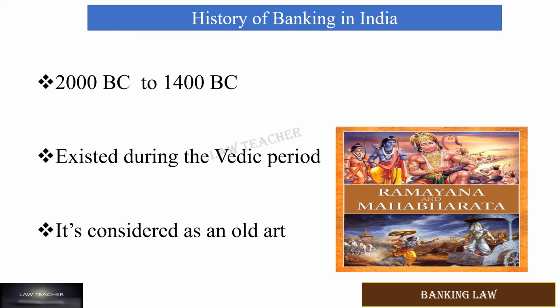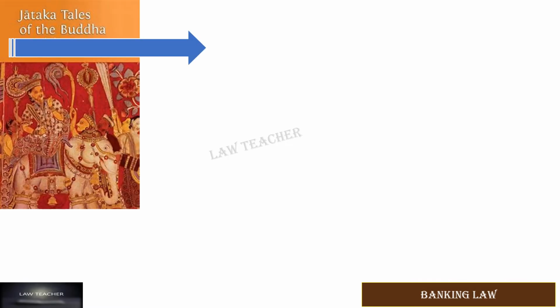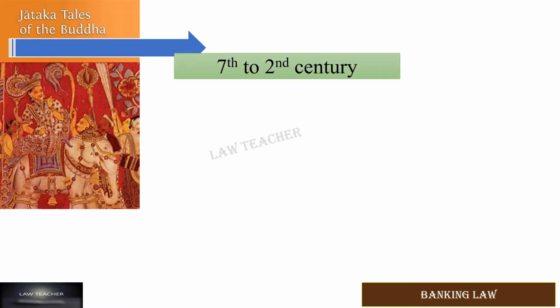Details of money lending in the Sutra period, that is from the 7th to 2nd century BC, are available in the Buddhist writings called the Jatakas. The Jatakas mention the existence of money lenders called Seths, who performed the functions of a banker.